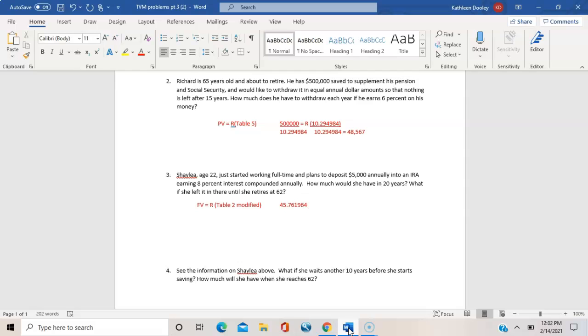Okay, then we're going to have to multiply that times 1 plus the interest rate. So the interest rate is 8%, which is 0.08, so 1.08. And we're going to multiply that times the factor that we got from table 2.